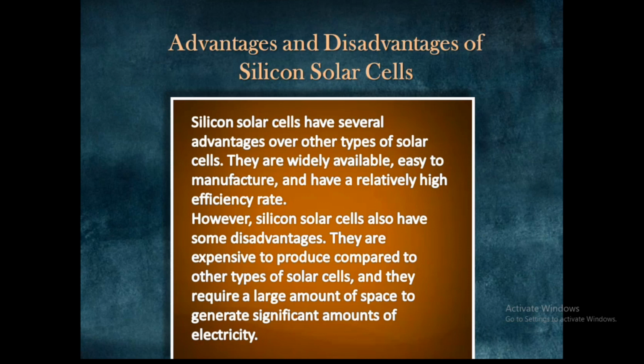For a single house, the entire terrace is required to generate electricity from sunlight. Likewise, it requires a lot of space to generate solar electricity using silicon solar cells. These are the advantages and disadvantages of silicon solar cells.